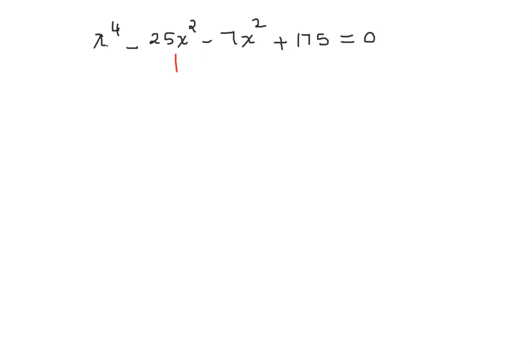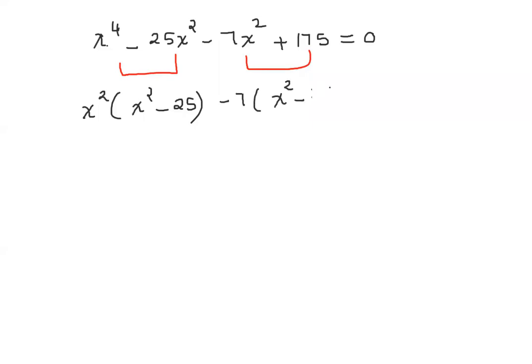Group 2 by 2. So x squared is common. And here we can take that 7 outside. And if you notice, we have x squared minus 25 is common in both. So that is our common factor.